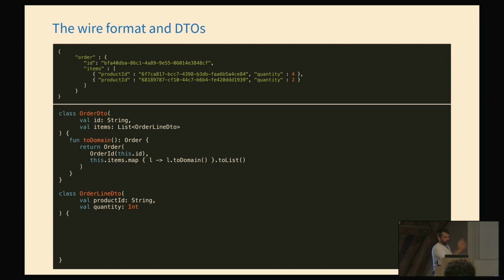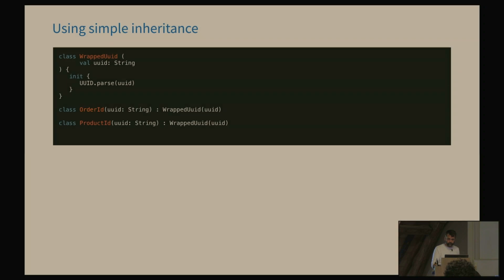So they work as a way for our serializer or API to transfer data back and forth, but they can also help us get to the proper objects. And similarly for the order line. So now we have some nice objects that help us go back and forth, but they also help us move from the representation that's on the wire into proper domain objects.